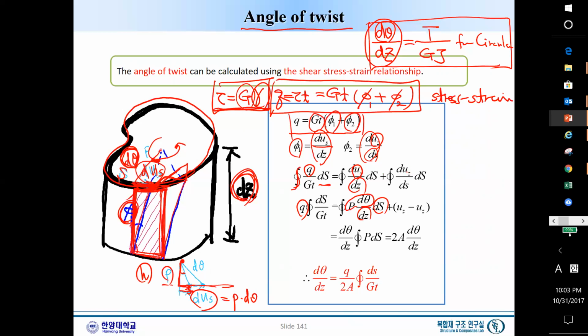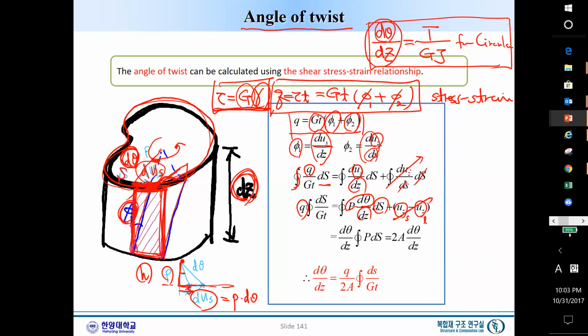Now this term, duz, vertical deformation over ds, integrated over ds: starting from here back to the original position, duz at the start and duz at the end will be the same. So this will disappear.